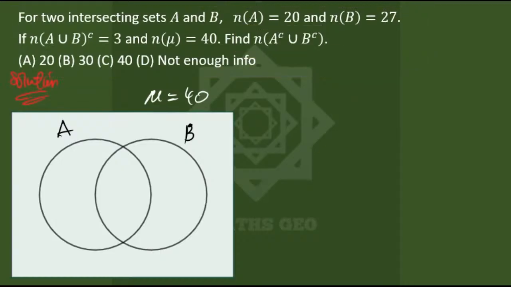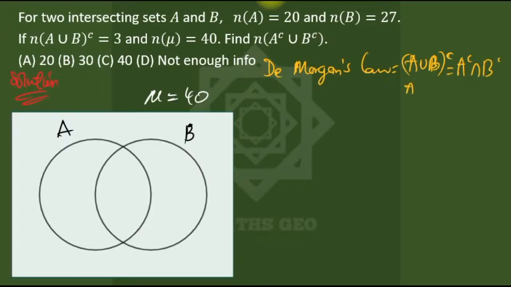So we should know from De Morgan's law that (A union B) prime is A prime intersection B prime, and (A intersection B) prime is A prime union B prime.